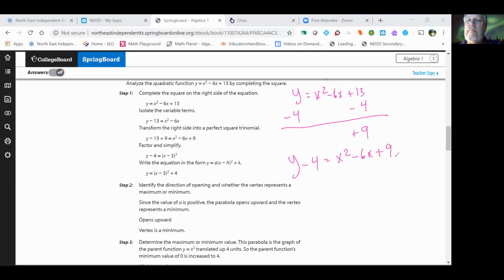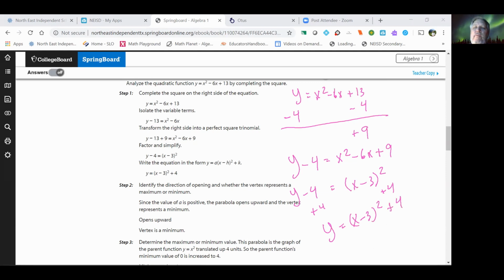And this perfect square trinomial becomes the binomial squared of x minus 3 squared. So we end up with y minus 4 is equal to x minus 3 squared. And then if I want to go ahead and get y by itself again, I have to add 4 to both sides. So I now get it to be y is equal to x minus 3 squared plus 4.